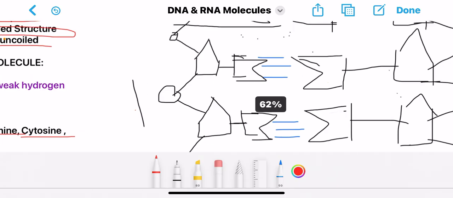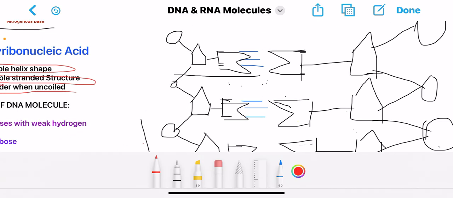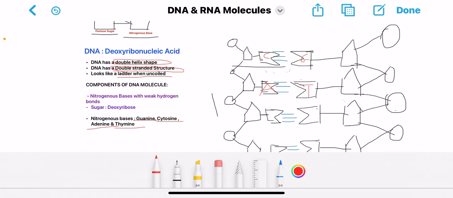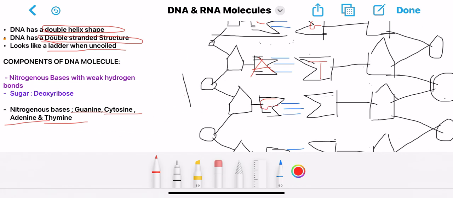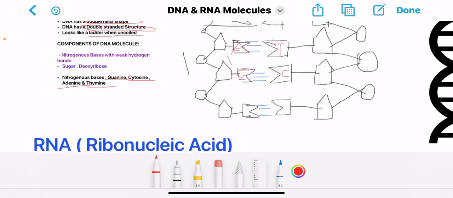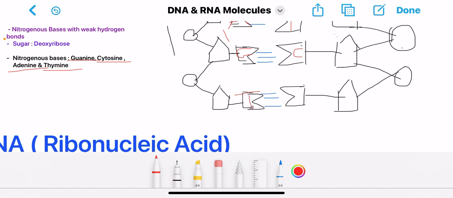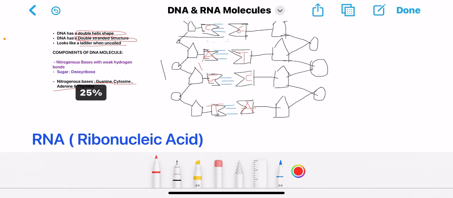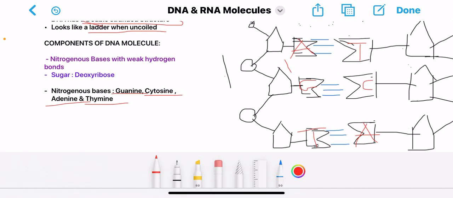I'm going to explain them. Cytosine goes together with guanine. Adenine goes together with who? With thymine. Same again with guanine, it goes together with cytosine. And thymine with what? Adenine. So these nitrogenous bases are complementary to each other.